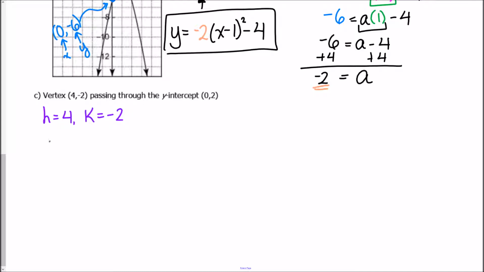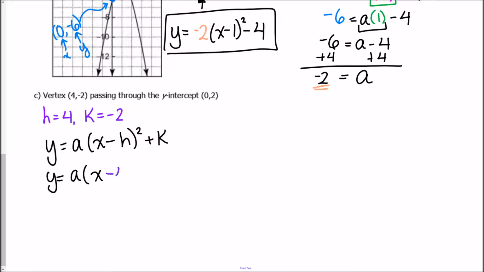So here I'm going to say y equals a times x minus h squared plus k. But I know that h is 4, so I'm going to write minus 4. Again, it's always the opposite sign, squared, plus k, and k is negative 2, so I'm actually going to write minus 2 right here.